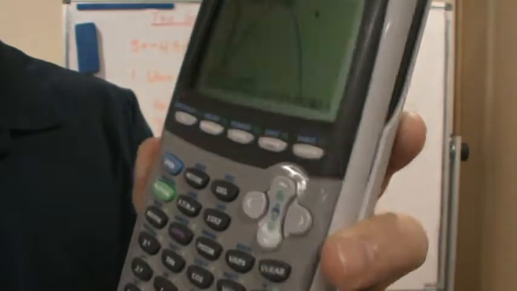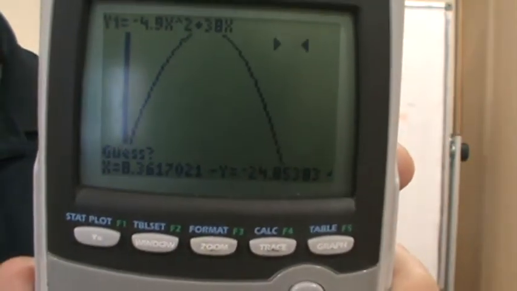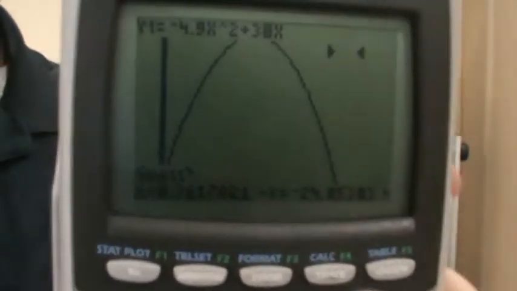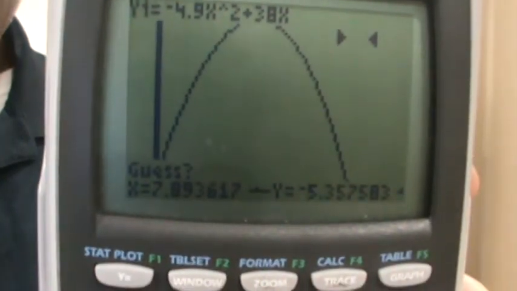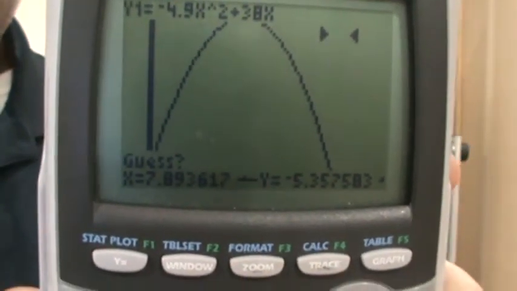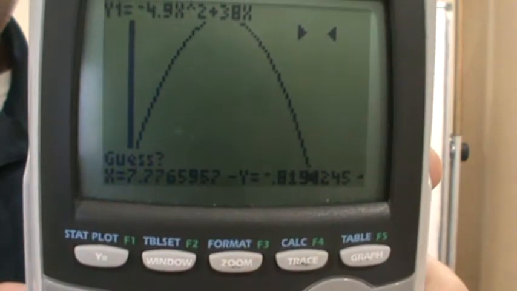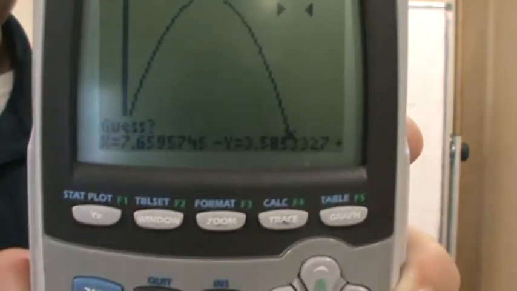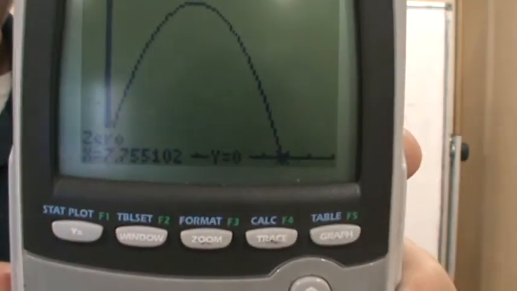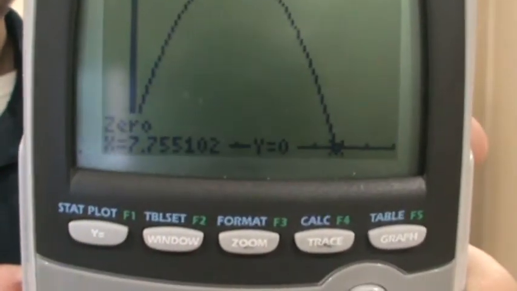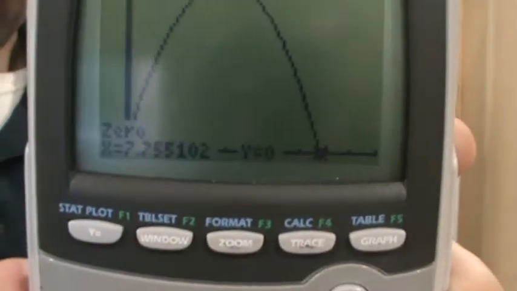So now I'm going to hit enter again, and now I want my guess. Okay, and I'm going to hit enter.